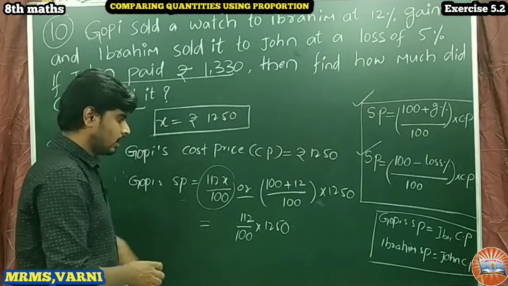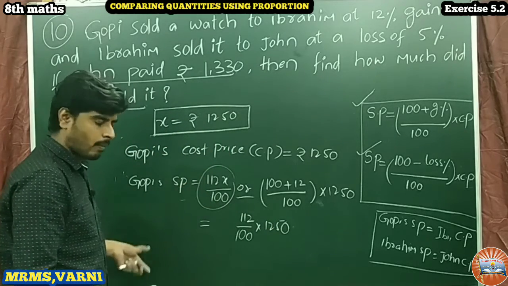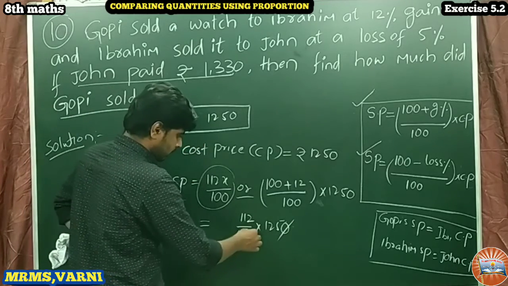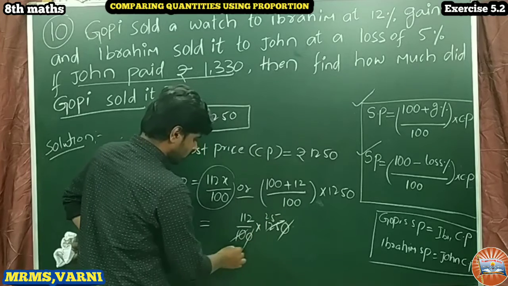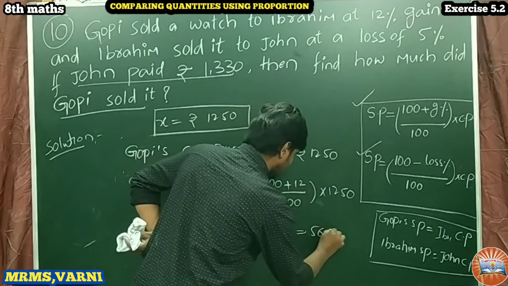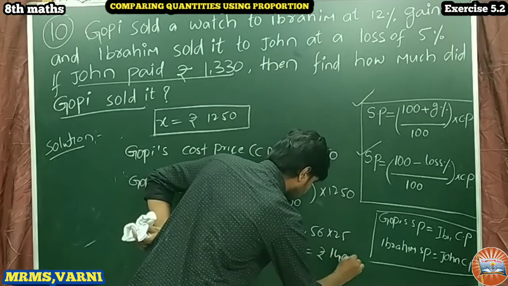Okay, this is nothing but again this only. Just now we have done this. Okay, let us try once again. 0 0 gets cancelled, 5 2s, 5 25s, 2 1s, 256. So 56 into 25, nothing but rupees 1400.